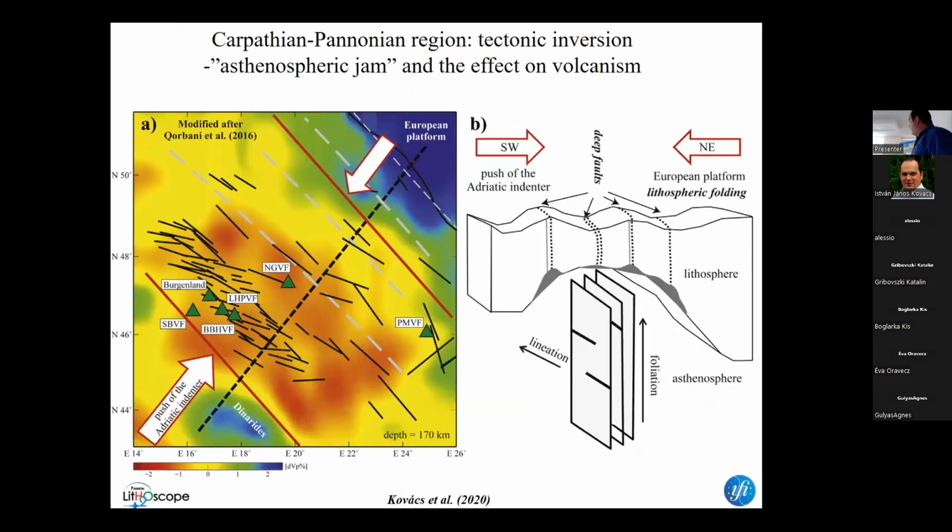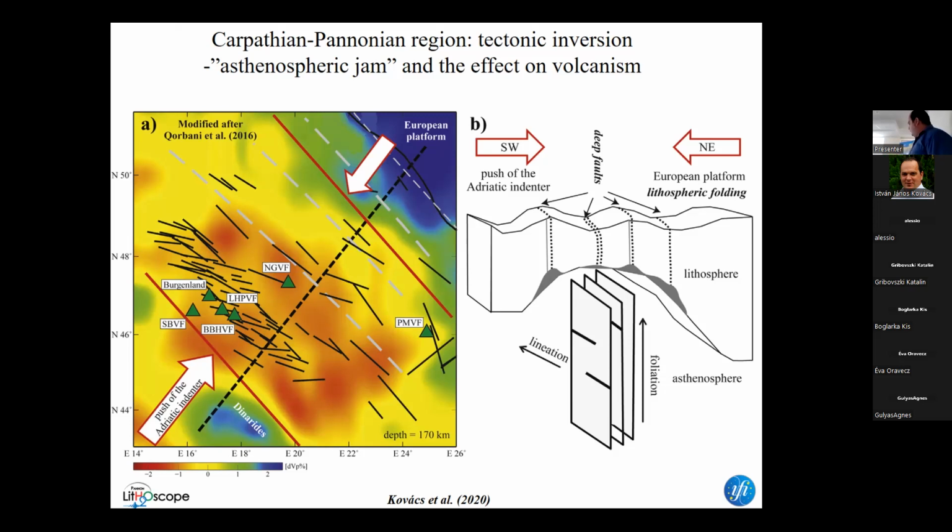Okay, and in my talk, I also promised that I would be talking about the volcanism as well, and also the gassing. This part of the story will be slightly shorter. Regarding the volcanism, of course, now I will only focus on the Pleistocene basaltic volcanism. I'm not touching much on the alkaline volcanism.